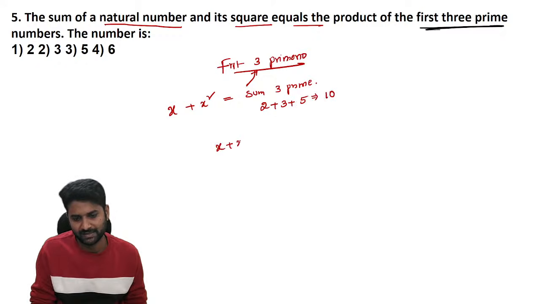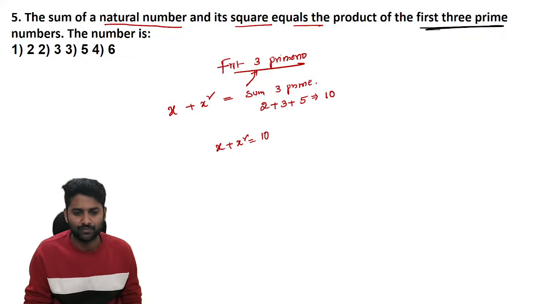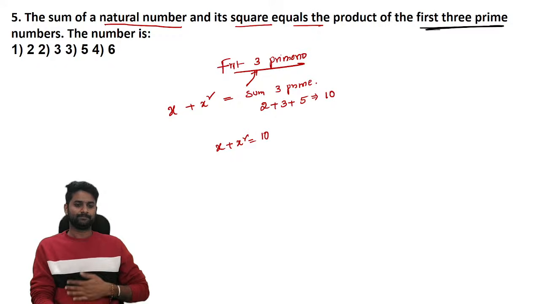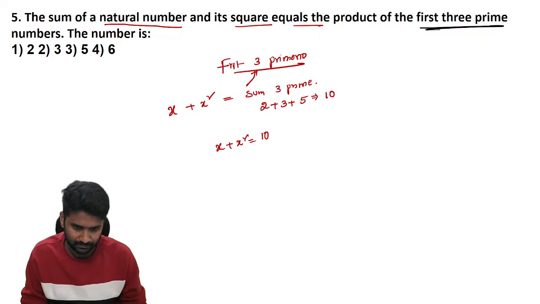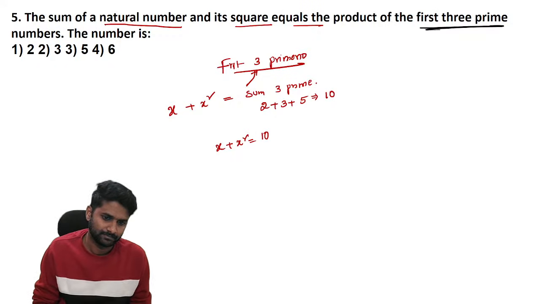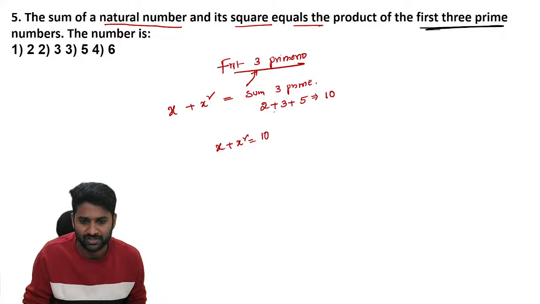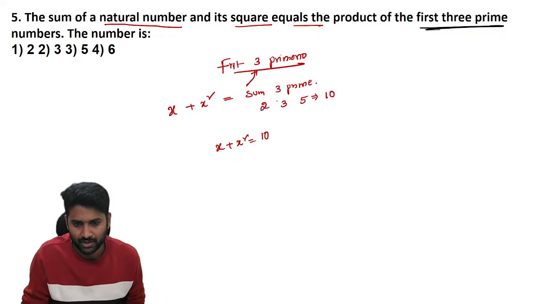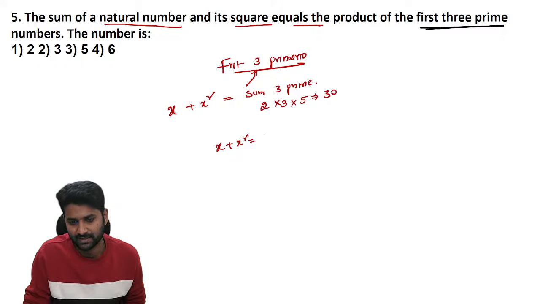Now x plus x square we require 10. Now what is the value of that number? Sorry, not sum, right? Sorry. It's a product. 2 into 3 into 5. Then the resultant is 30. See, what is the value of x?